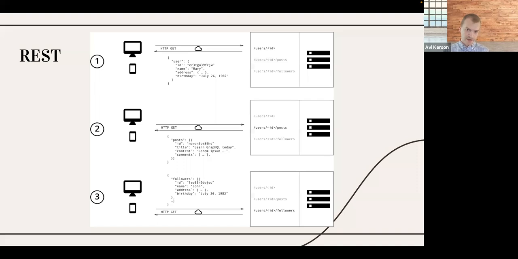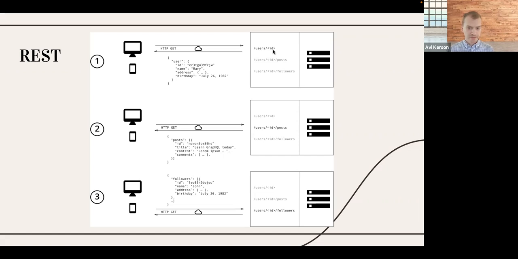With a REST API, you would typically gather the data by accessing multiple endpoints. So in this example that we have here, these endpoints would be /users/:id to fetch the initial user data.